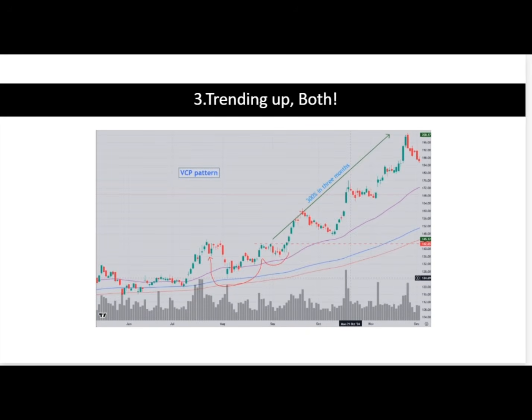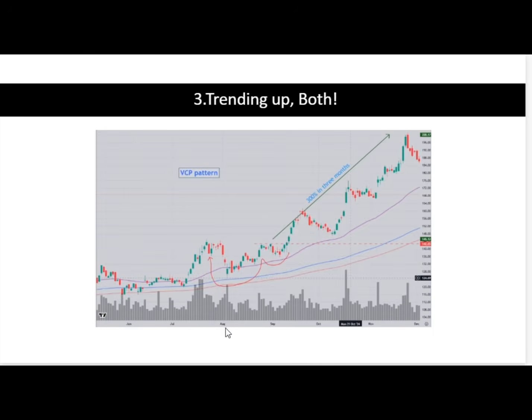So we need both of the trends to be trending up. Not only that, the price is above both MAs. So this is the third condition. We have to see that the MAs, the 150 and 200, are trending up.